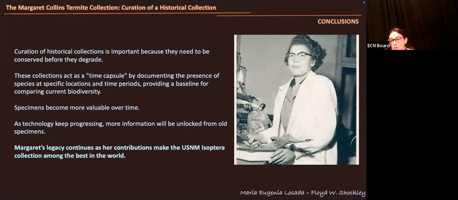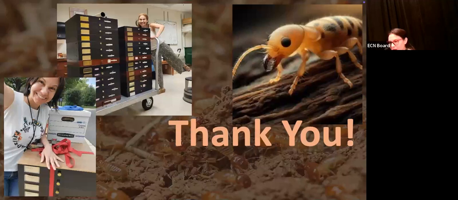And also with new technology, we're probably going to be able to extract way more information about the past, present, and future. I will say also that by making this project possible, we are keeping Margaret's legacy continuing, as her contributions in Isoptera left one of the biggest collections of termites in the world.